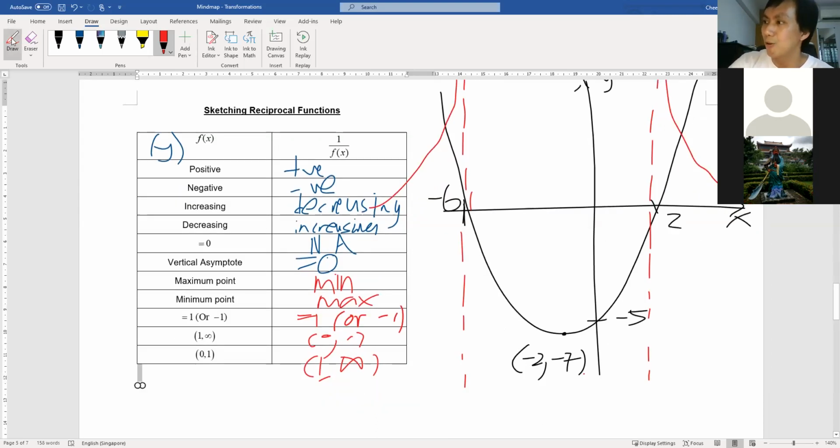So the center portion, firstly the y-intercept is -5. So the y-intercept can still be derived for the reciprocal graph. It will be -1/5. So if you have -1/5, then the next point will be here.